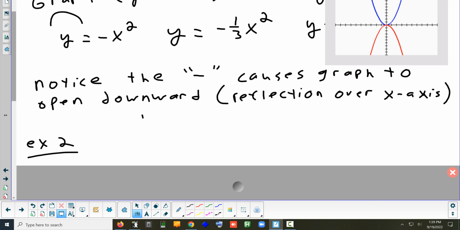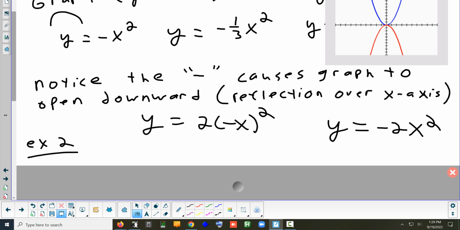If you want to see another example with numbers, that's a reflection over the y-axis because the negative is inside parentheses with the x. That's a reflection over the x-axis because the negative is in front of the whole thing. It's not with the x. That's the difference.